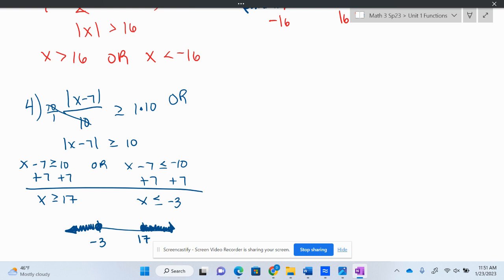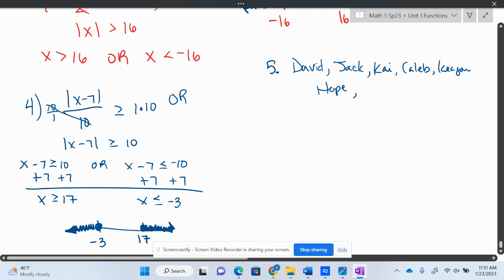David, pick 8 people that are going to do number 5 with you. Say their names, or point if you don't know their names. How's that? Hope. Who did you say someone after Hope? Or did you say how many people is that?